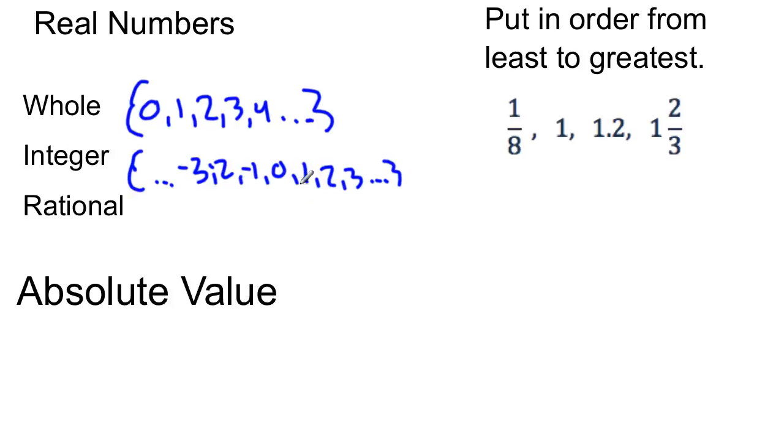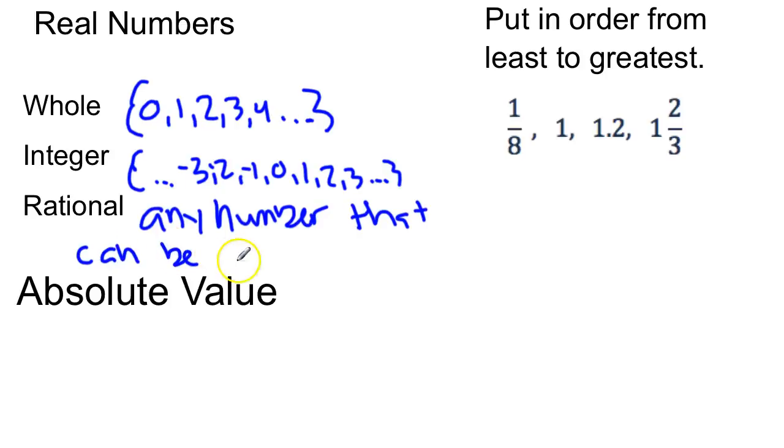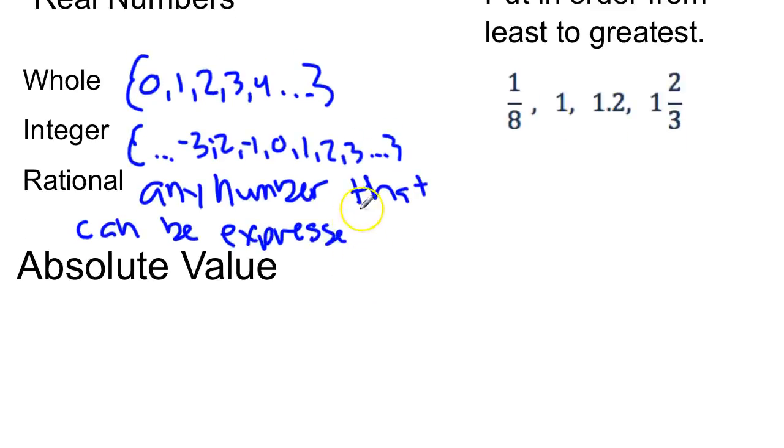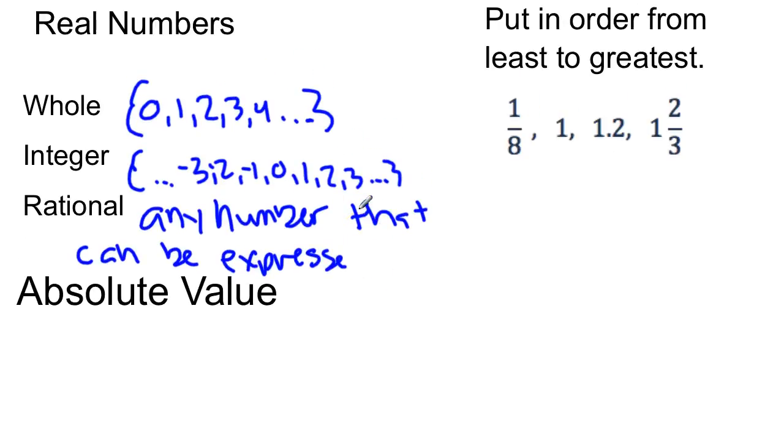Those are integers. Rational numbers are anything that can be expressed as a fraction. So I'll write that down. Any number that can be expressed as a fraction.